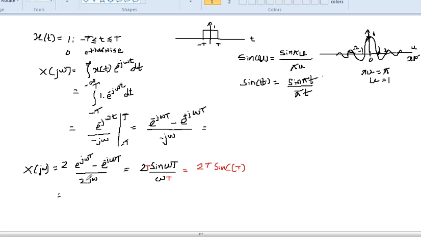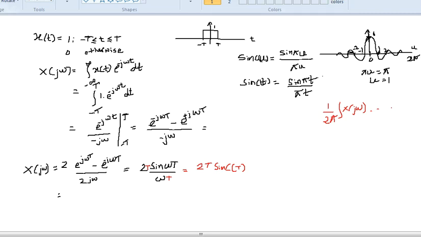So there is nothing like magnitude and phase here, because when we see the expression of x of j omega, the definition of the Fourier transform gives x of j omega as 1 by 2 pi integration of x of t, and it indicates that our frequency domain signal is continuous in nature.